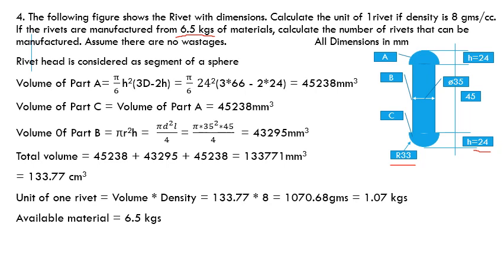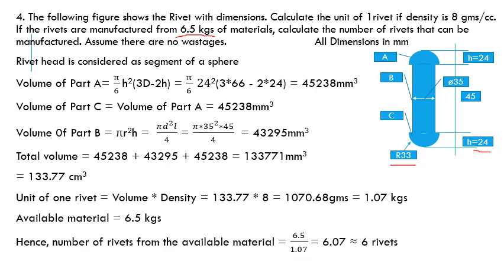So we need to calculate how many rivets can be manufactured from the available material. The number of rivets is 6.5 divided by 1.07, approximately 6.07. So I cannot do that. I can only manufacture 6 complete rivets. So that is the total number of rivets to be calculated.